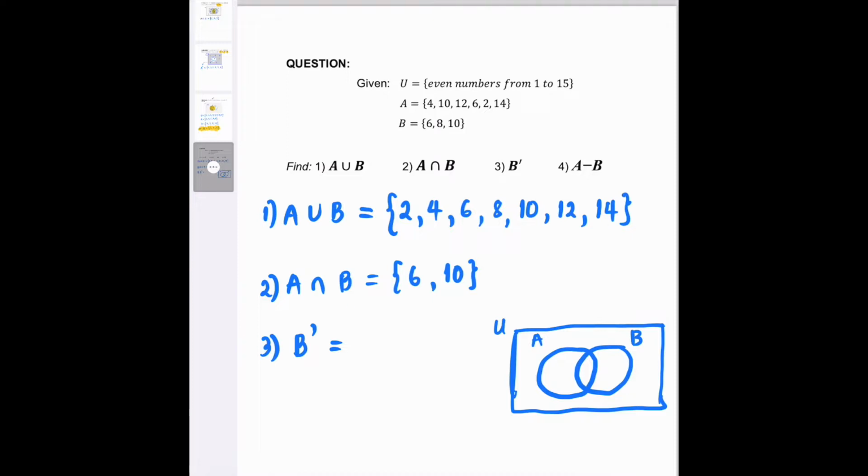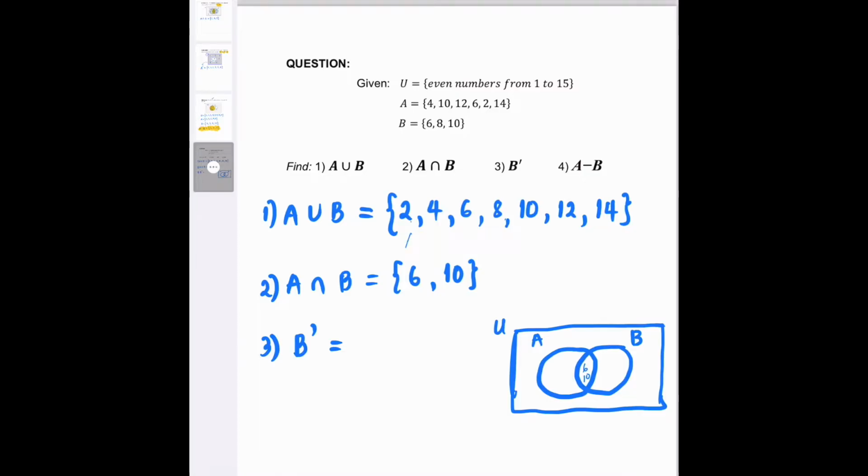Number 2, you can write 6 and 10. And union of 2 sets, so you have 2, 4, 6, 8, 10, 12, 14. Remember that 6 and 10 are already there.